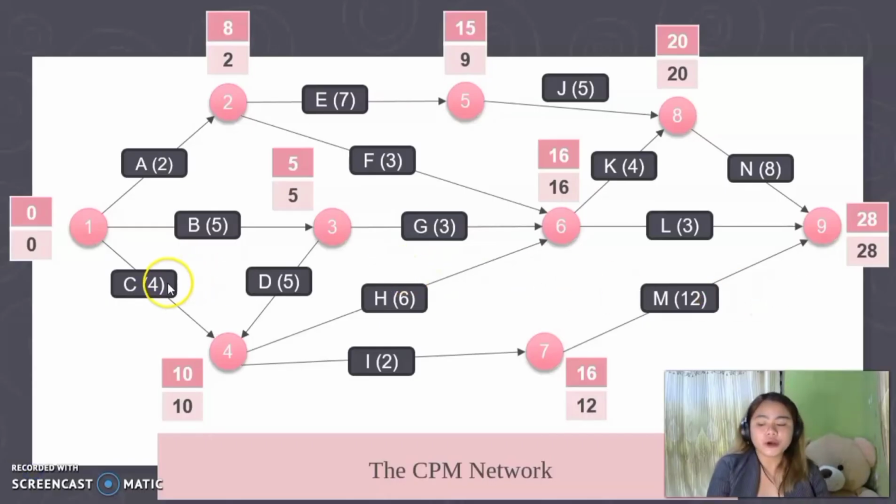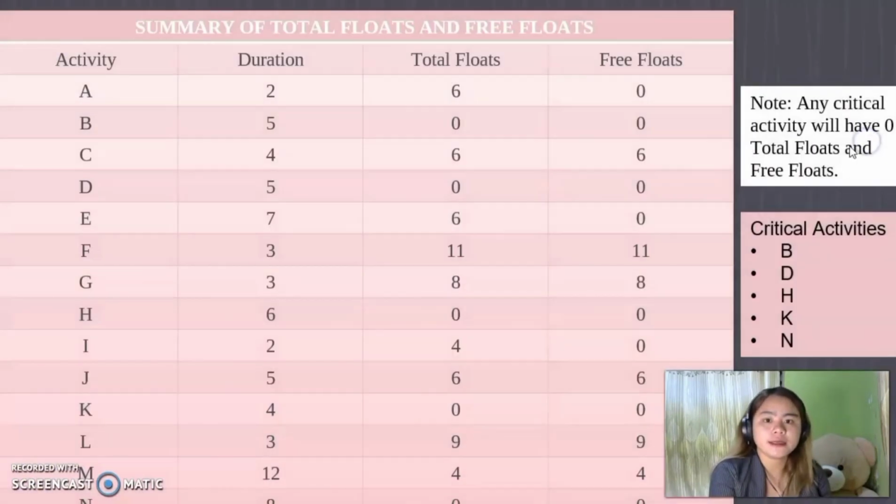According to the formula, in finding the total float: latest completion of our ending activity minus the earliest start time of our starting activity minus the duration. So 8 minus 0 minus 2 is equal to 6. Therefore, in our activity here, our total float is 6.